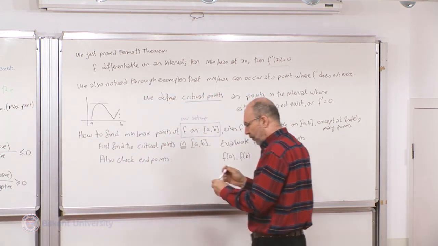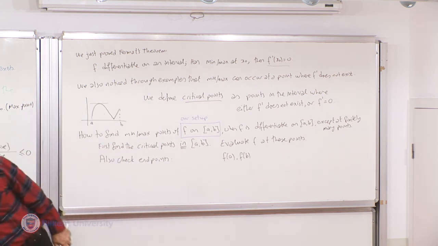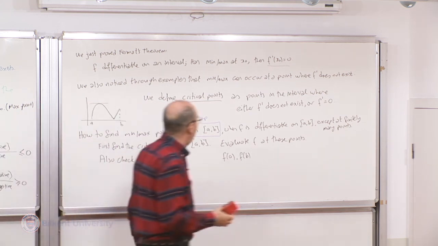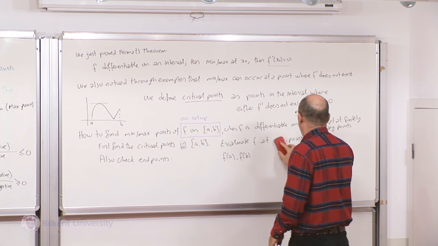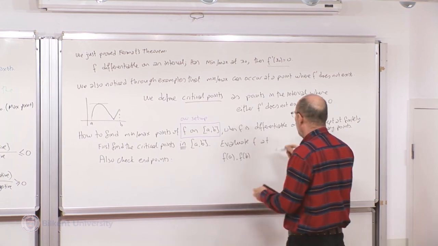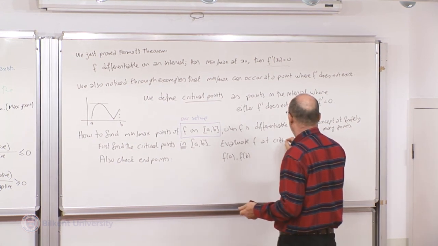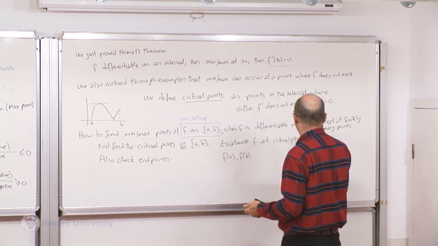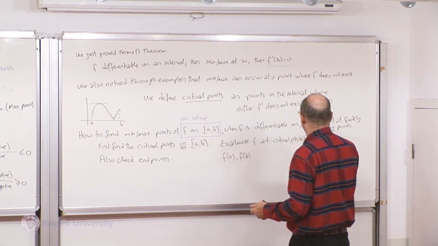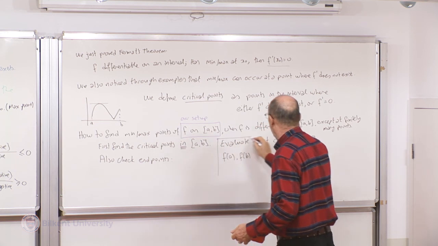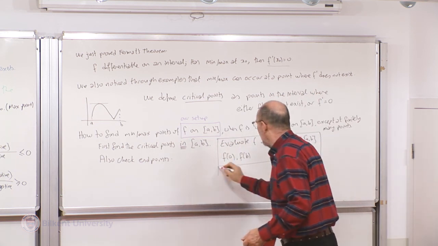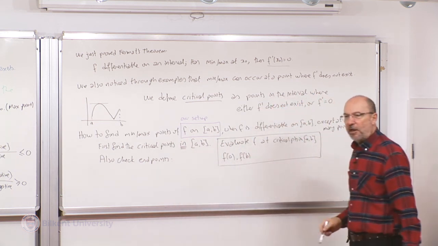So, in order to make this a box by itself: evaluate F at critical points in AB, and you also have F of A, F of B.